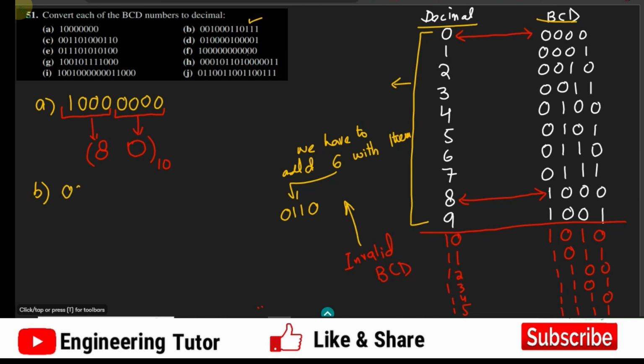Here it will be 0 0 1 0, then 0 0 1 1, and then 0 1 1 1. You can very easily see how many groups we have here. Let me start grouping them from the least significant bit side. These are 4 bits, these are 4 bits, and here these 4 bits as well.